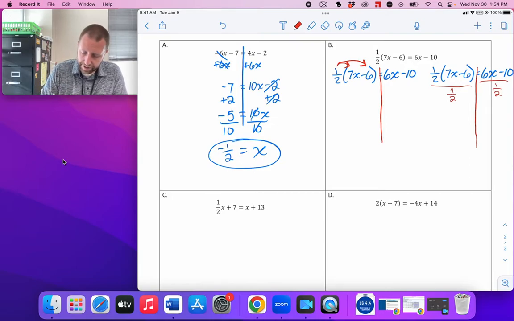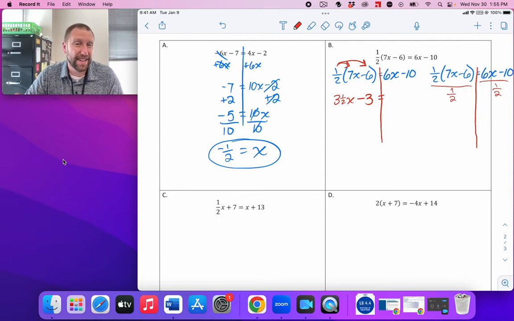1/2 times 7x is 3.5x. 1/2 times negative 6 is negative 3. Now the right-hand side doesn't change at all. It's still 6x minus 10. Now I've got these x's on both sides again. Get rid of the smaller one.